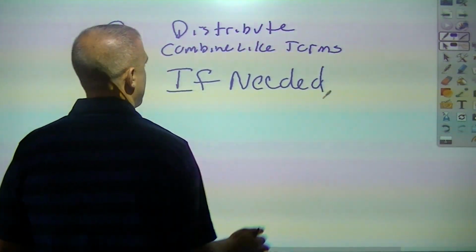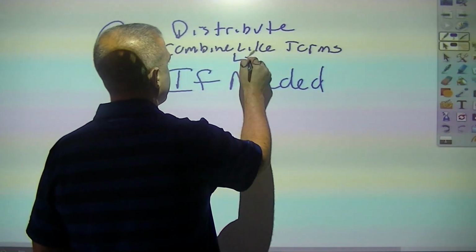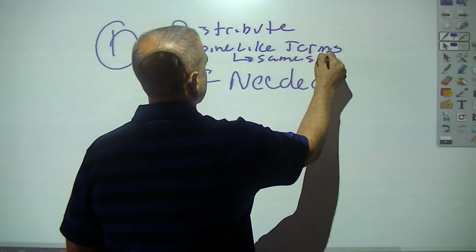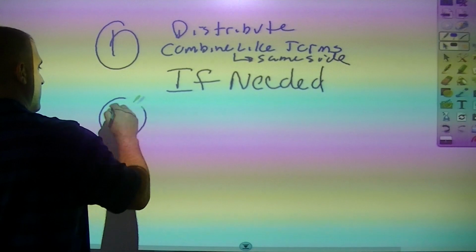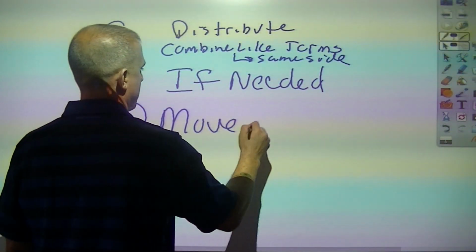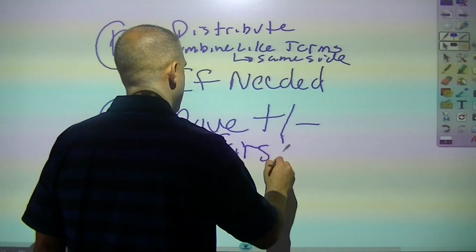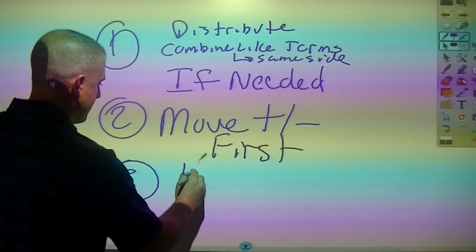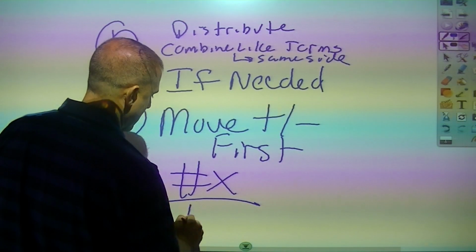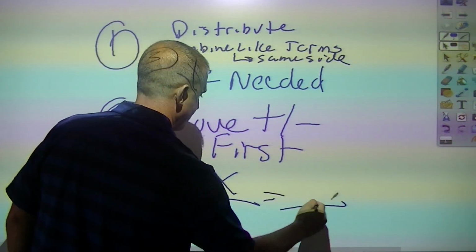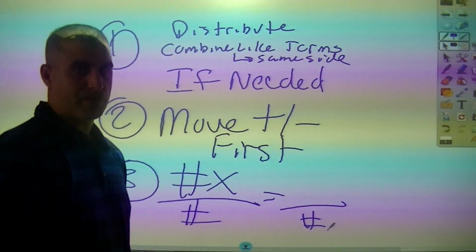Combine like terms, and that means on the same side. You want to move by addition and subtraction first, and then whatever number is in front of x, we divide by that number to both sides. That's the big thing with solving equations.